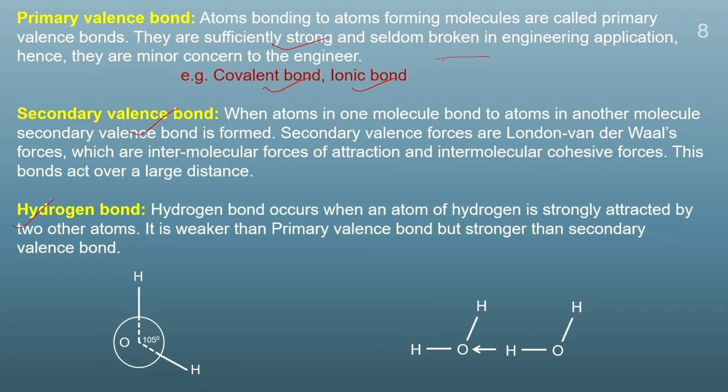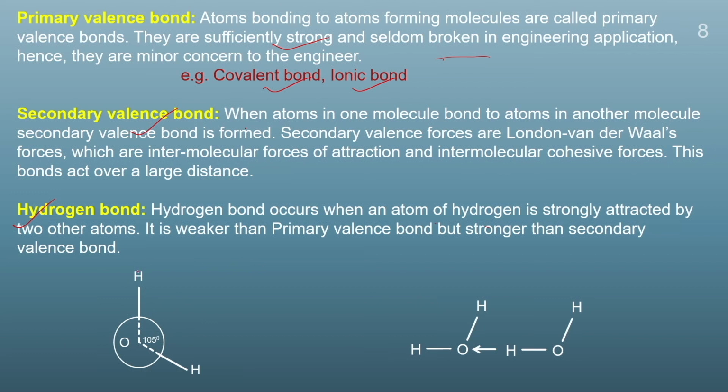The second type of bond is the hydrogen bond. It is normally considered a secondary valence bond, and it is stronger than the van der Waals bond, but weaker than the primary valence bond. A hydrogen bond occurs when an atom of hydrogen is strongly attracted by two other atoms. The example of this is the water molecule.